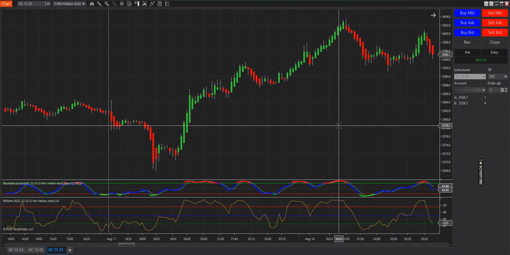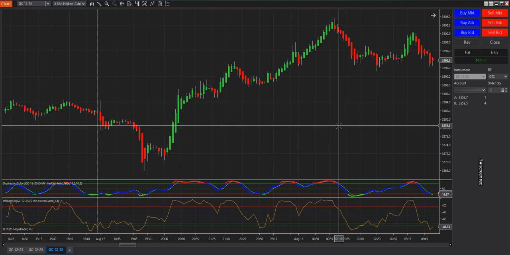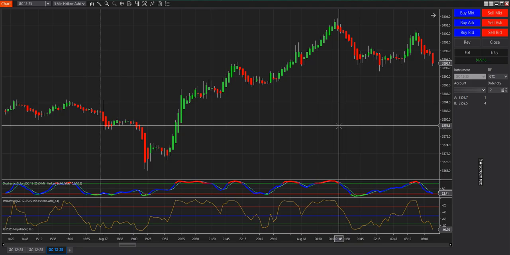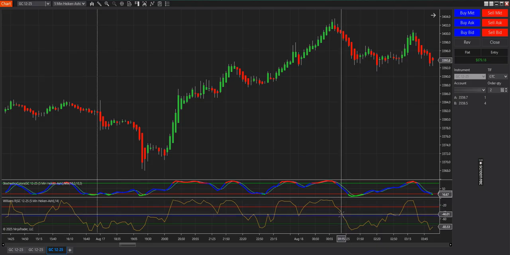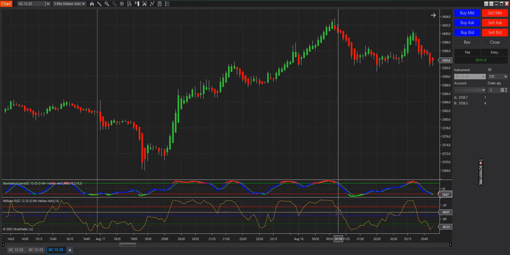This, no. This would have been a good trade, but once it dips below that green line, you see it still has not touched the red line, right?